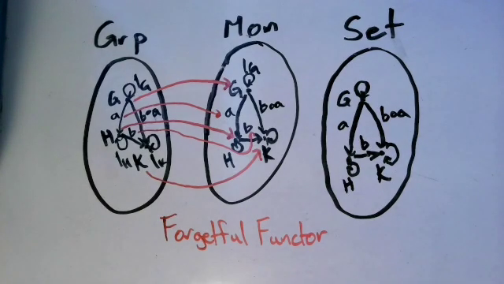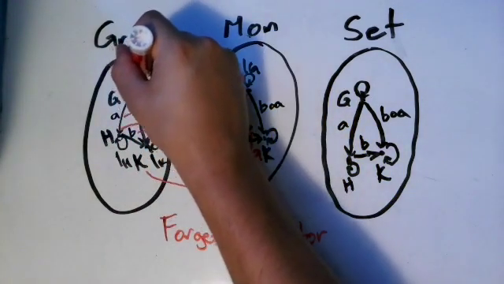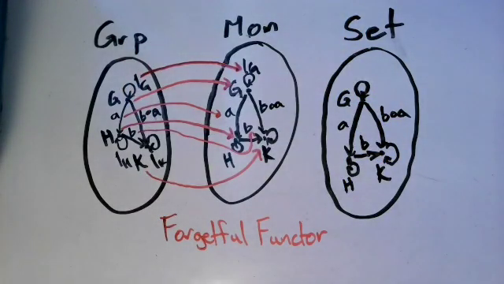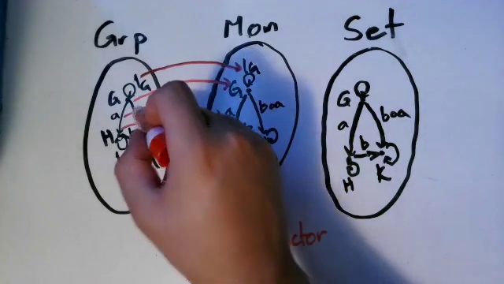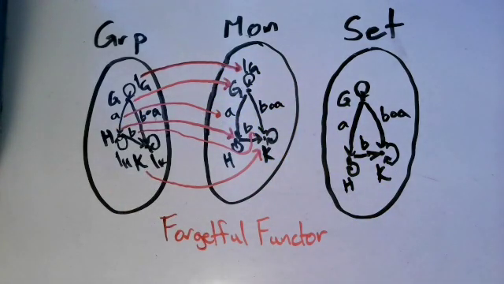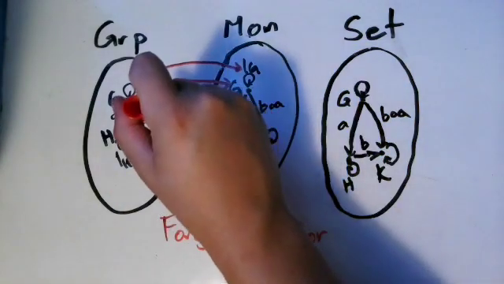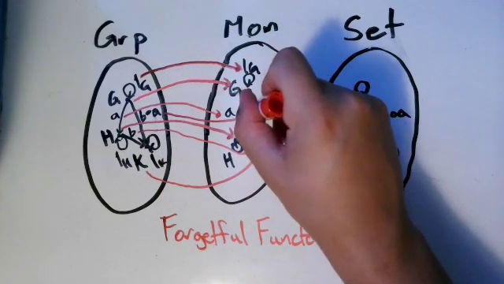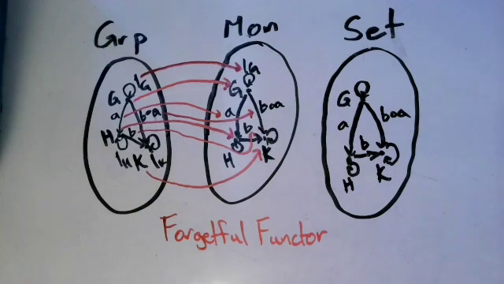Also notice, of course, that since morphisms are just mapping to themselves, the identity morphism will map to the identity morphism, and the composition of morphisms, say A composed with B, will map also to A composed with B in the category of monoids.